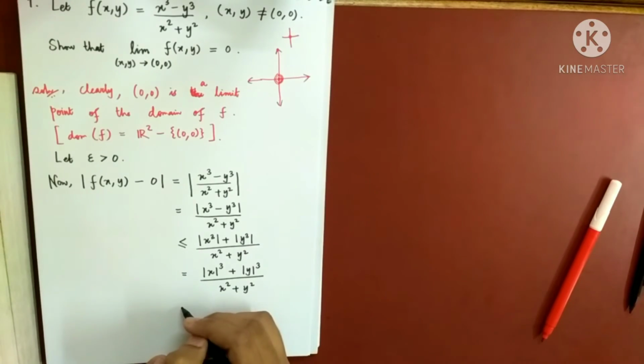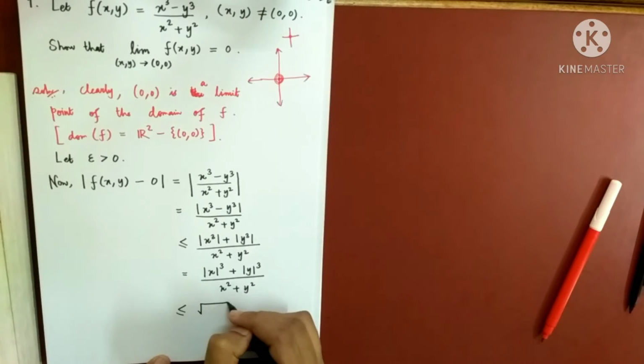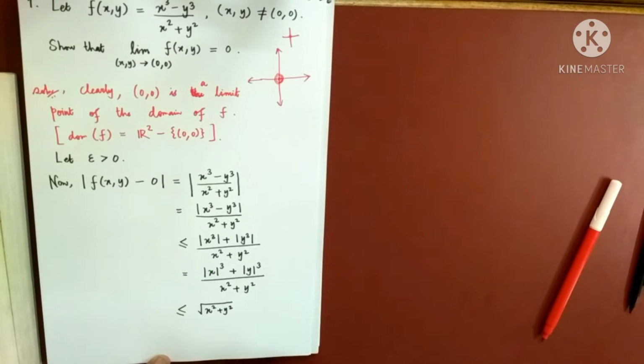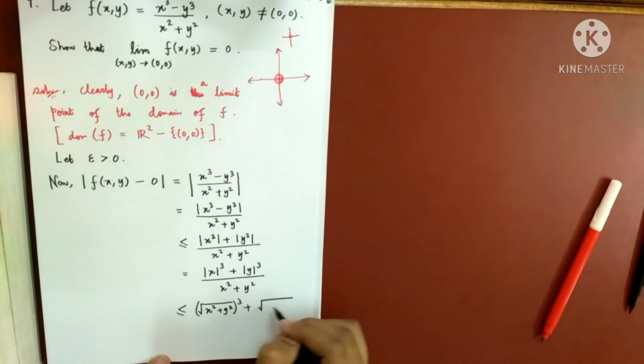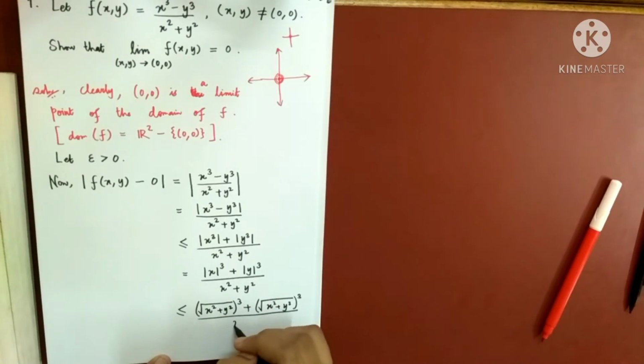So this is less or equals to, what is mod x? Root over of x² plus y². So mod x whole cube is less or equals to root over of (x² plus y²) whole cube, and similarly mod y whole cube is less or equals to root over of (x² plus y²) whole cube, by x² plus y². You may write the reason on the right hand side, since mod x, mod y both are lesser or equals to root over of x² plus y².